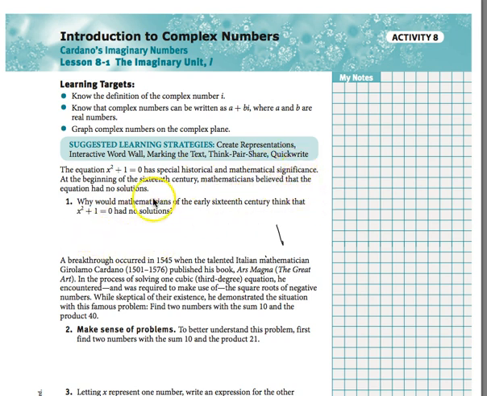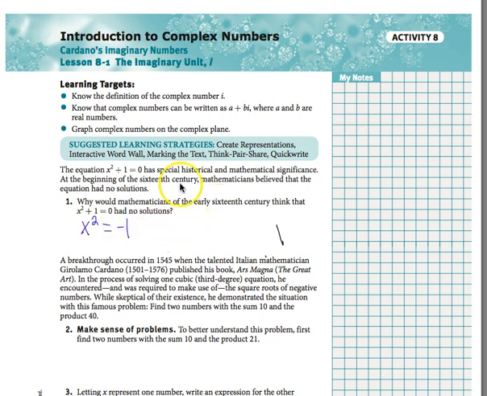So the reason why they thought that they had no solutions is because, first of all, this isn't factorable, right? If that were a minus, it would be a difference of squares, but it's not. So they tried to move the 1 over and said, okay, well, x squared equals -1.